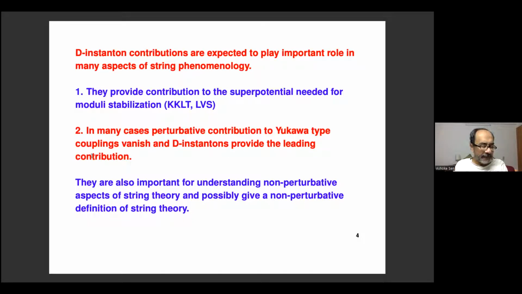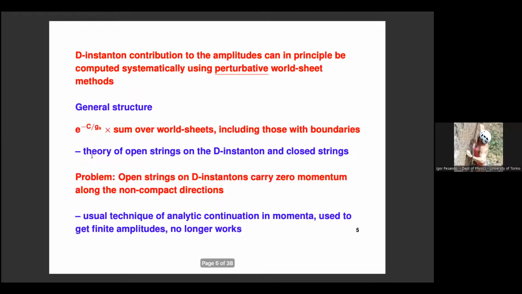Because NS5 branes, in order for them to produce a finite action, they have to wrap 6 compact directions. Okay, thanks. So type IIB in 10 dimensions, for example, you don't expect NS5 brane contributions to contribute significantly in the amplitudes. But in low enough dimensions, you are certainly right that you need NS5 branes also. Okay, thanks.